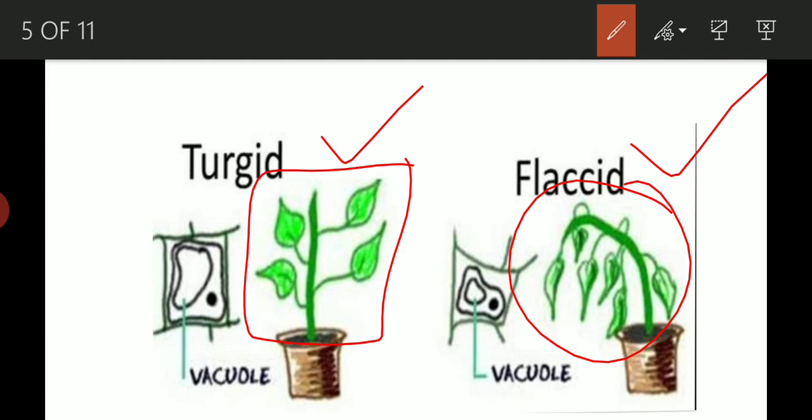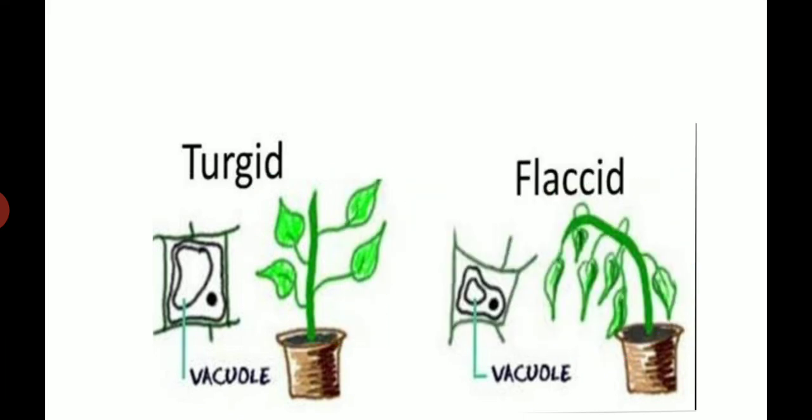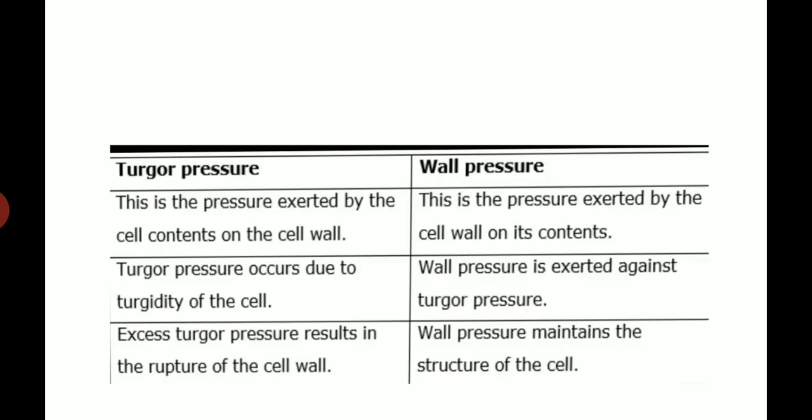All this water content has been given out from the plant or from the cell. So there is no more water inside the plant. So that's why the leaves have drooped, or wilting of the leaves, you can say. So this is the example of a turgid condition. This is the example of a flaccid condition. I think the turgidity and flaccidity is absolutely clear.